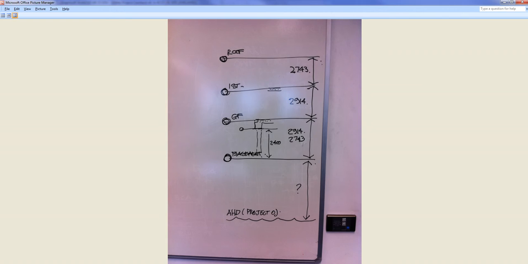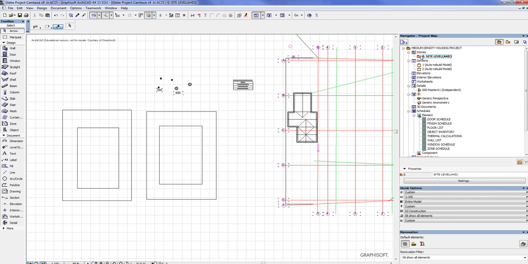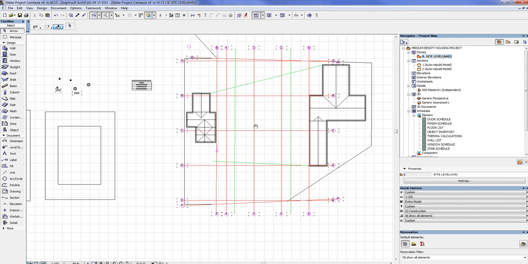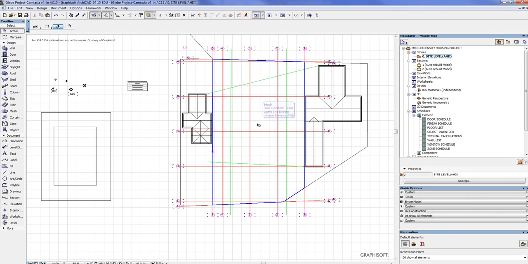So then what will happen is we will have these stories inserted here, and then we will be able to build the building on the relevant stories for our project. So for example, we will then build the car park on the basement story, the ground floor on the ground floor story, the first floor on the first floor story, and the roof on the roof story.